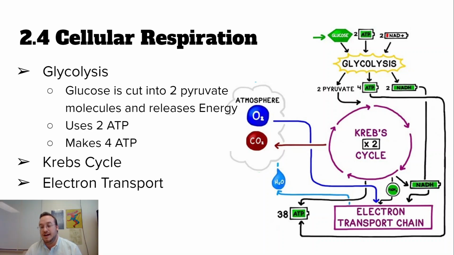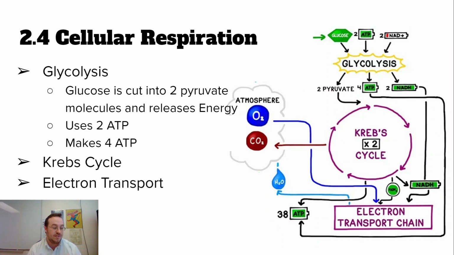FADH2 and NADH get used in the electron transport chain, which is on the surface of the mitochondria, the membrane there. And it is going to turn all of those into the materials we're going to need to give off. So it creates the water as a give off, and it creates more ATP.